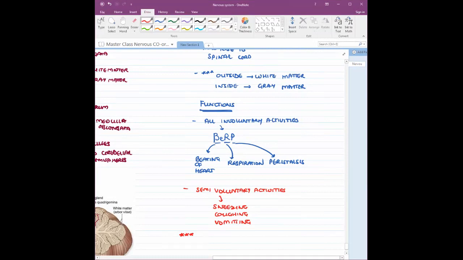Out of those 12 pairs, 8 pairs of cranial nerves arise from the medulla oblongata itself. That's it, and that is what we need to know with regards to your entire brain.